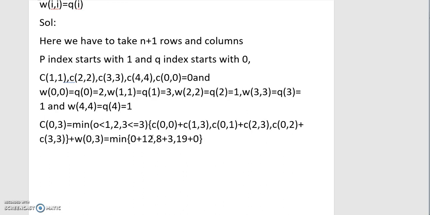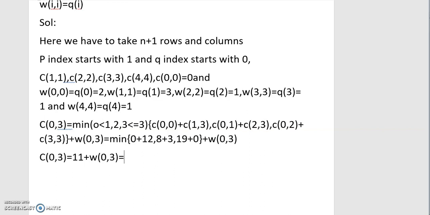After finding the values, 12, 11 and 19, the minimum value is 11. So C of 0 comma 3 equals 11 plus W of 0 comma 3.